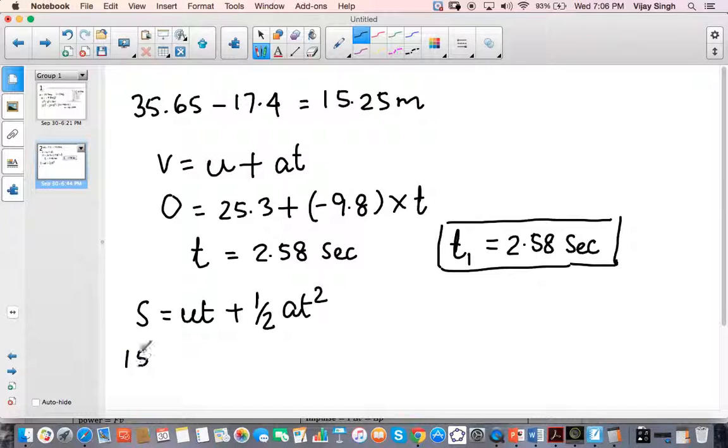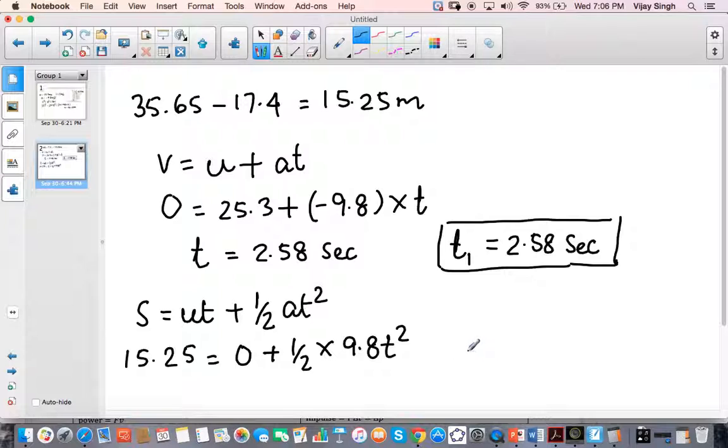The distance is 15.25 meters, and the initial velocity is 0, and 0 multiplied by time is 0. 0 added to half multiplied by 9.8. In this case 9.8 is positive because the ball is moving in the direction of gravity, multiplied by t squared.